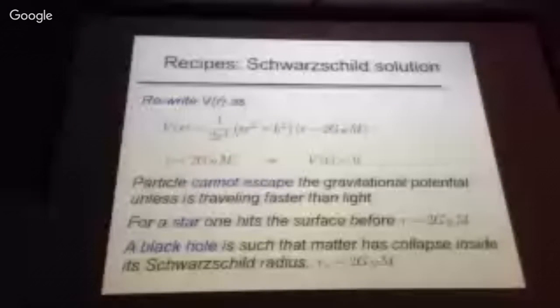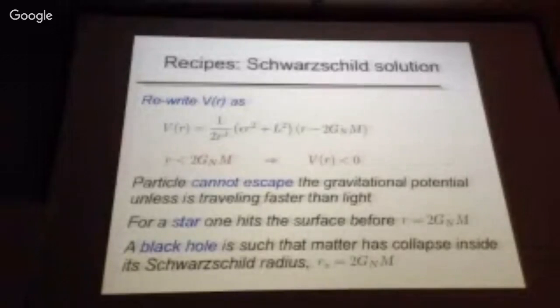We can rewrite that potential in the following way, where we get a factor of r minus 2GM. For radius smaller than 2GM, the potential goes negative, and what it means is that the particle cannot actually escape the Schwarzschild solution. It cannot go away from it unless it's traveling faster than the speed of light.